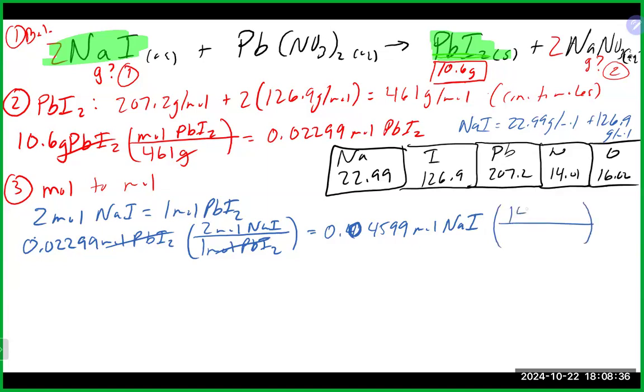We want that on top, so 149.9 grams per mole of NaI. And that moles will cancel. And that would get us here roughly about 6.89 grams of NaI here. And again, this would be our fourth step. Any questions on any of those steps for that one there?